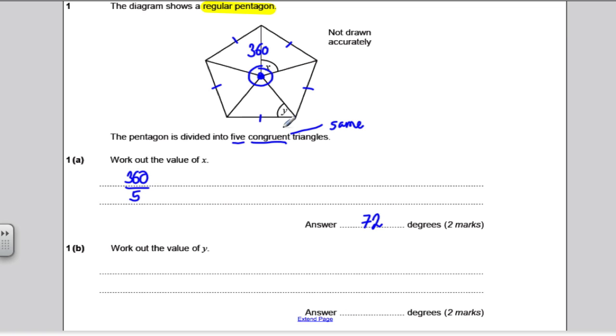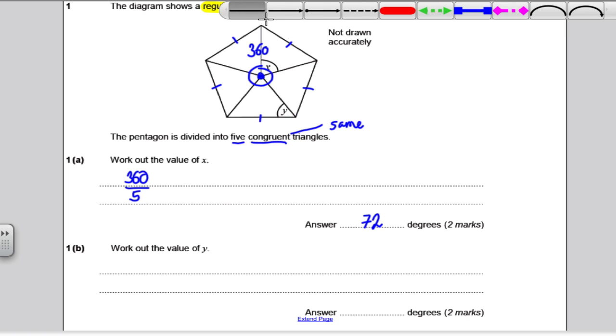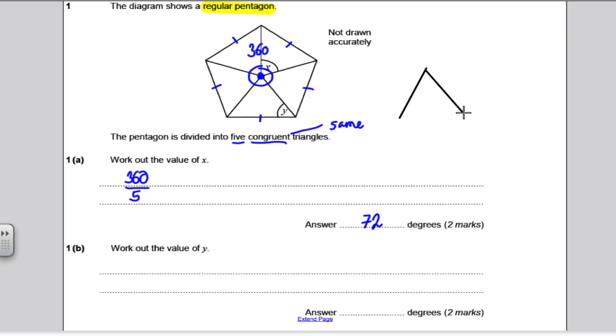To work out the value of y, I'm just going to take one of the triangles out now. I'll just redraw one of the triangles here. We know now that that is 72 degrees. Given that this point is the middle of the pentagon, I know that these two sides, to reach out to the sides of the regular pentagon, must be the same as each other, which tells me that that angle and that angle must be the same, i.e. we have an isosceles triangle.